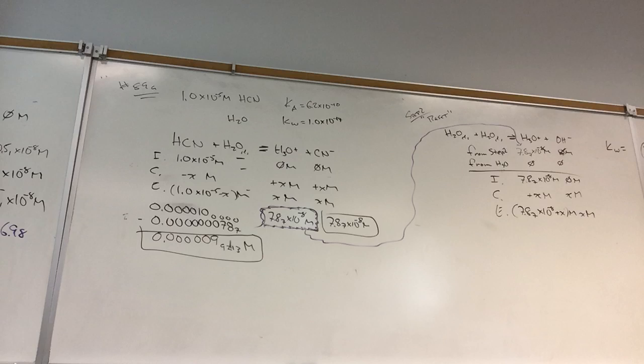And therefore, x is about equal to what? 1.27 times 10 to the negative 7.